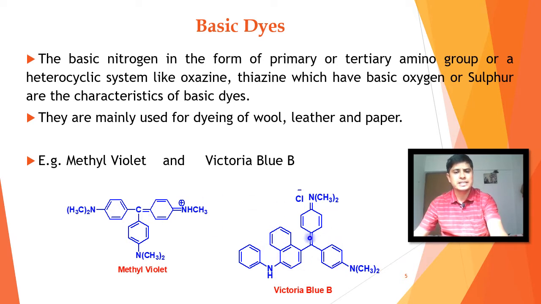Here, this dye contains a secondary amino group, and here a tertiary amino group, while Victoria blue contains tertiary amino groups in its structure.